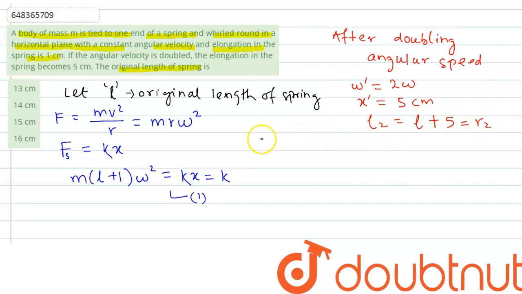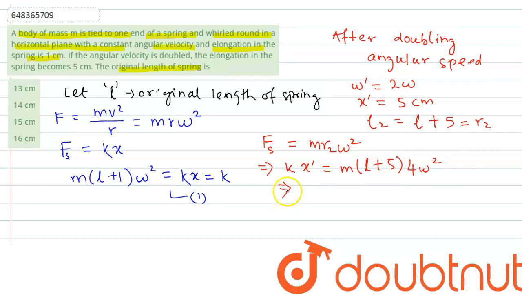So now what we will do, because we know that this restoring force in the second case will be now equal to m into this radius r2 into omega square. So now let us put all the values. So this will be k into x dash, and this will be m into L plus 5 into square of 2 omega, which is 4 omega square.